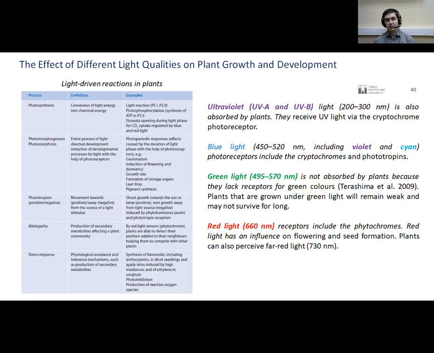All of them in complex influence the growth of the plants in general. But light looks like the starter of the process.